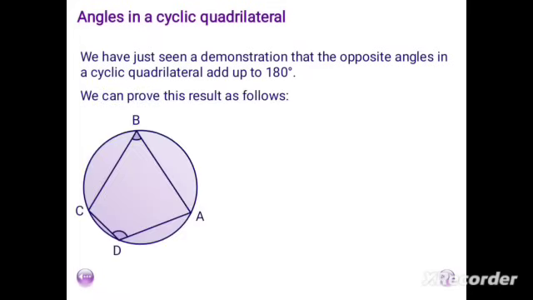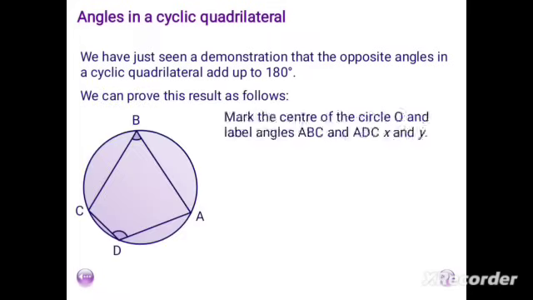So we can prove this result, marking the center of the circle O, and labeling angles ABC and ADC as X and Y. So we have the angle at D labeled Y, and the one at B labeled X, with the center O.